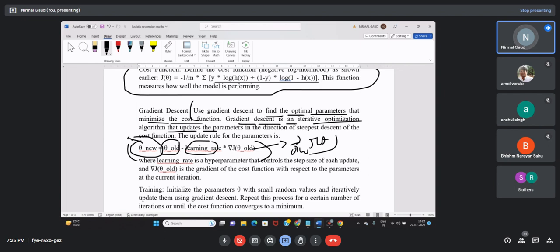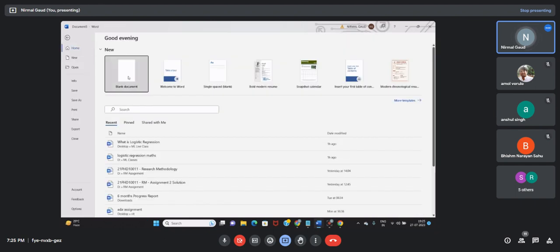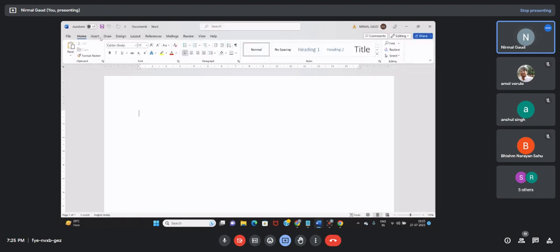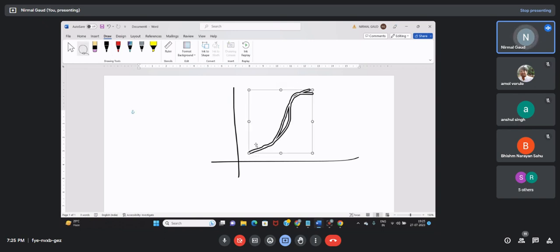So that's why in case of logistic regression, you might have seen that along with the sigmoid function, they have also made a line in our initial diagram. This is your sigmoid function. You have seen, sir, this is a sigmoid function. Something it looks like S. This was your sigmoid function. Okay, and they have also made a line along with that.